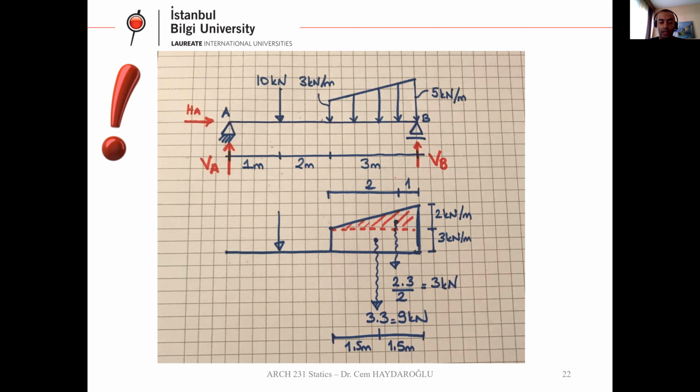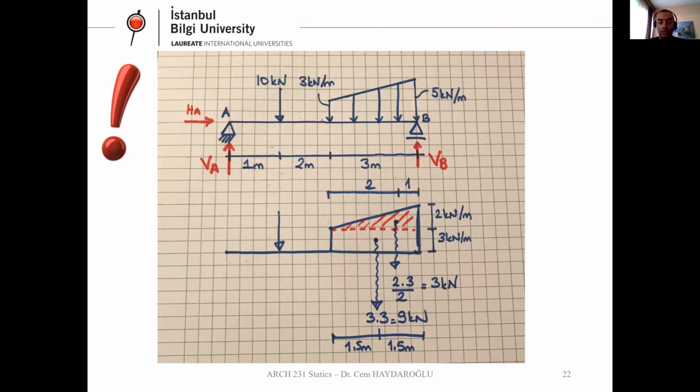And for triangle, what we have 2 kilonewton per meter times 2 times 3 meter over 2. So it's 3 kilonewton. So I have 2 different concentrated loads coming from this trapeze loading.